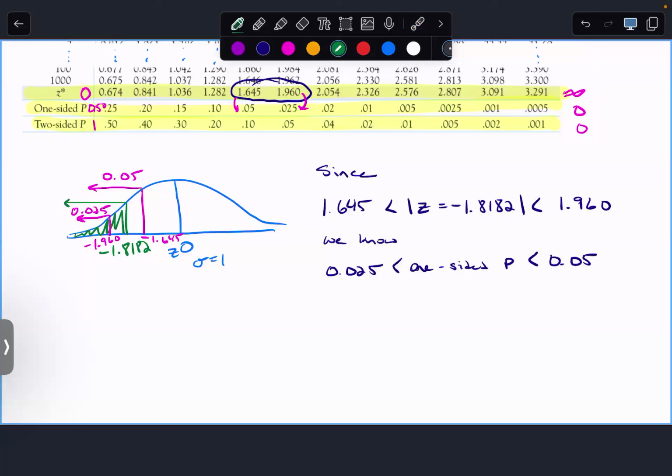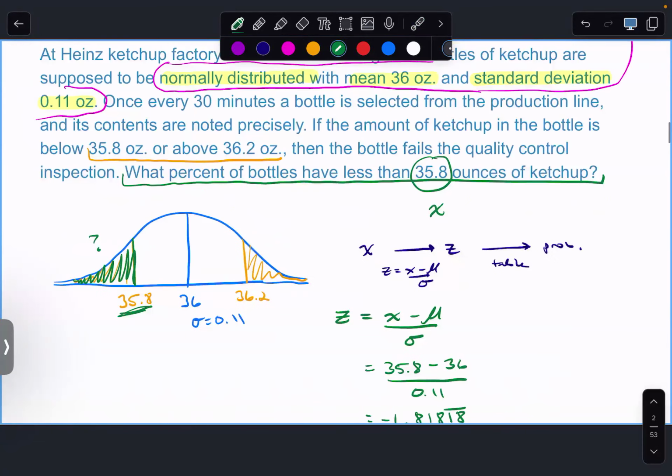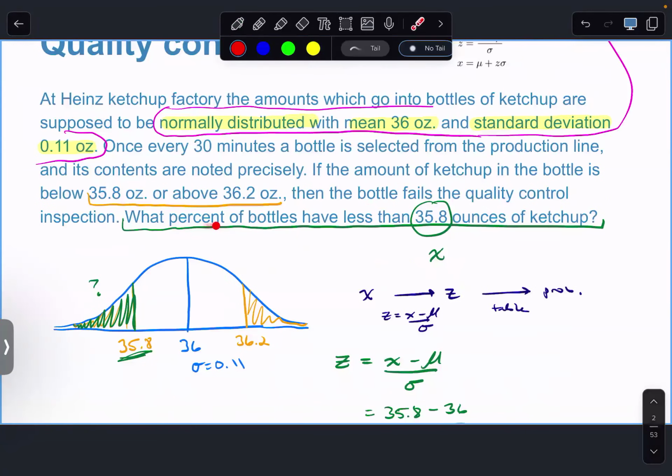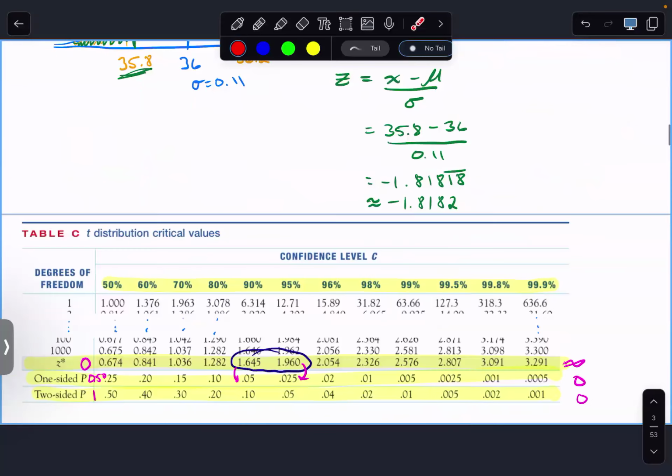So then therefore, the probability, sorry, we want a percent, but we can just multiply by 100 to turn these into percentages. Therefore, what percent of bottles have less than 35.8 ounces of ketchup?